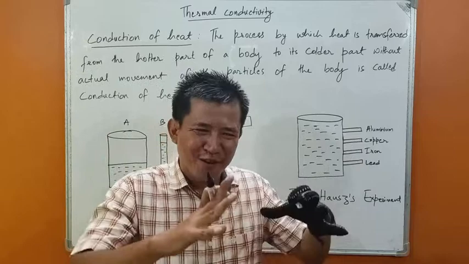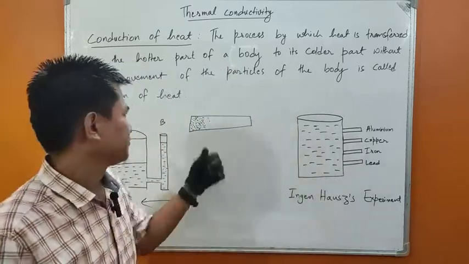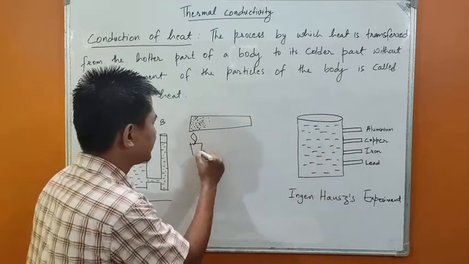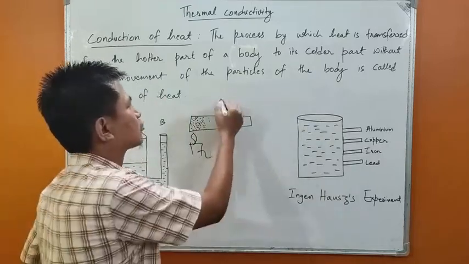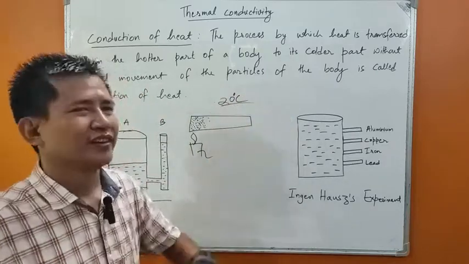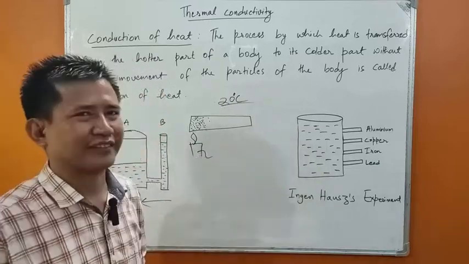Are you getting me? Molecules in solid are very tightly packed, okay? Now, suppose this solid is at room temperature before, let us assume 20 degrees Celsius. This solid was at 20 degrees Celsius before heating, okay?